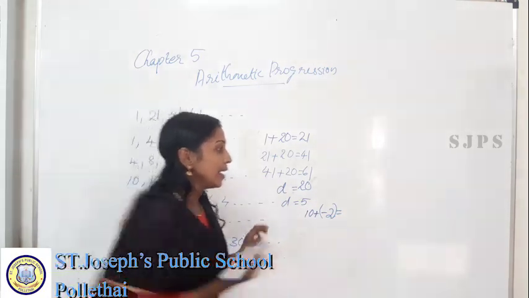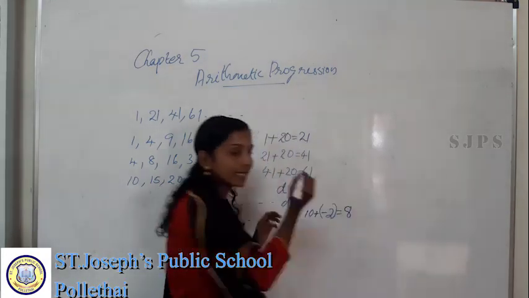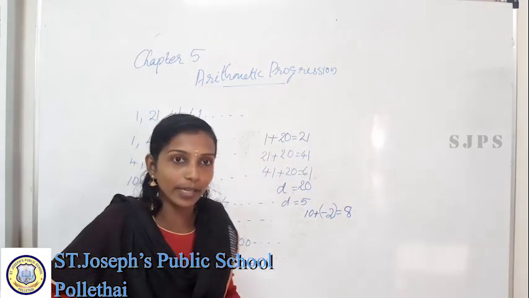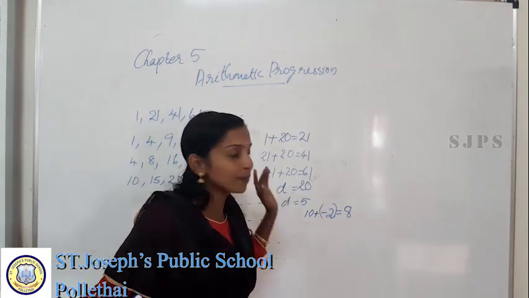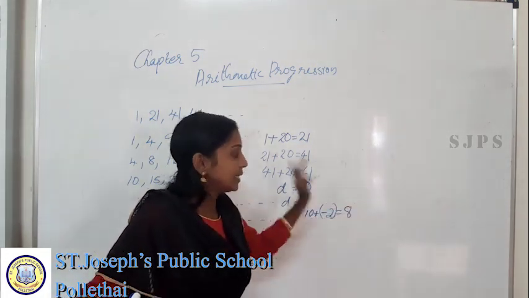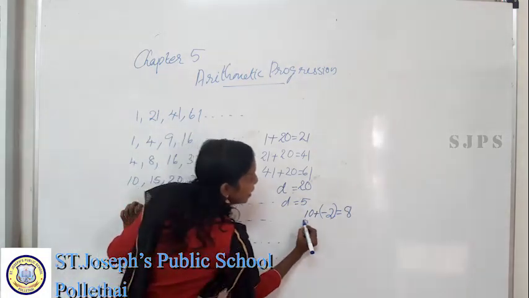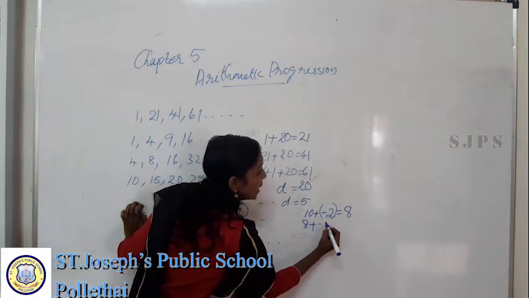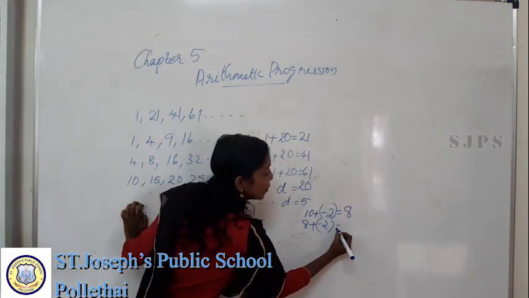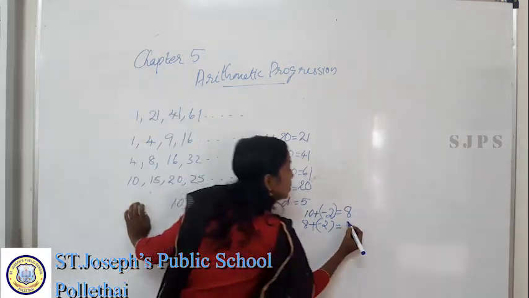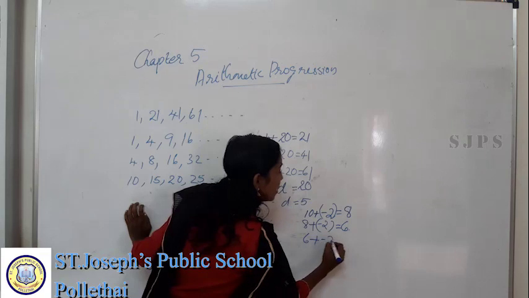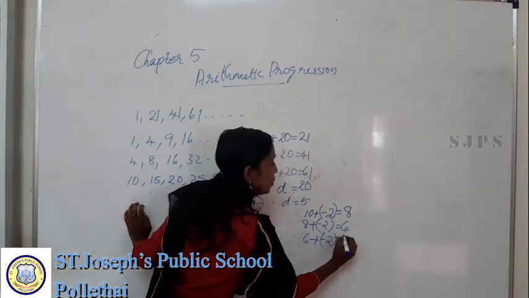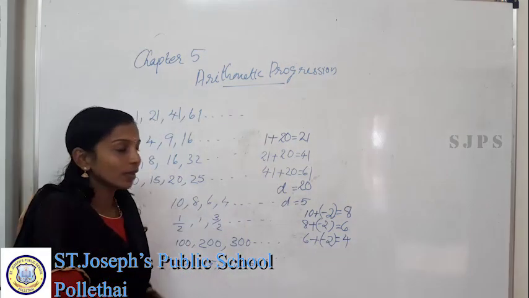We get 8 and put the sign of the largest number. Which is the largest number here? 10 is the largest number and its sign is positive. So we get 8. Then 8 plus minus 2 is equal to 6. 6 plus minus 2 is equal to 4.